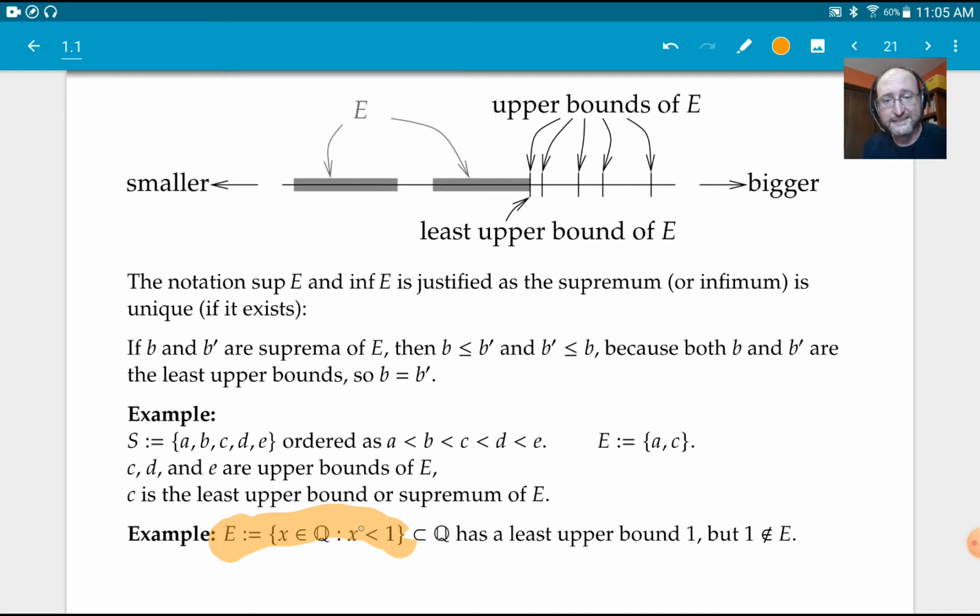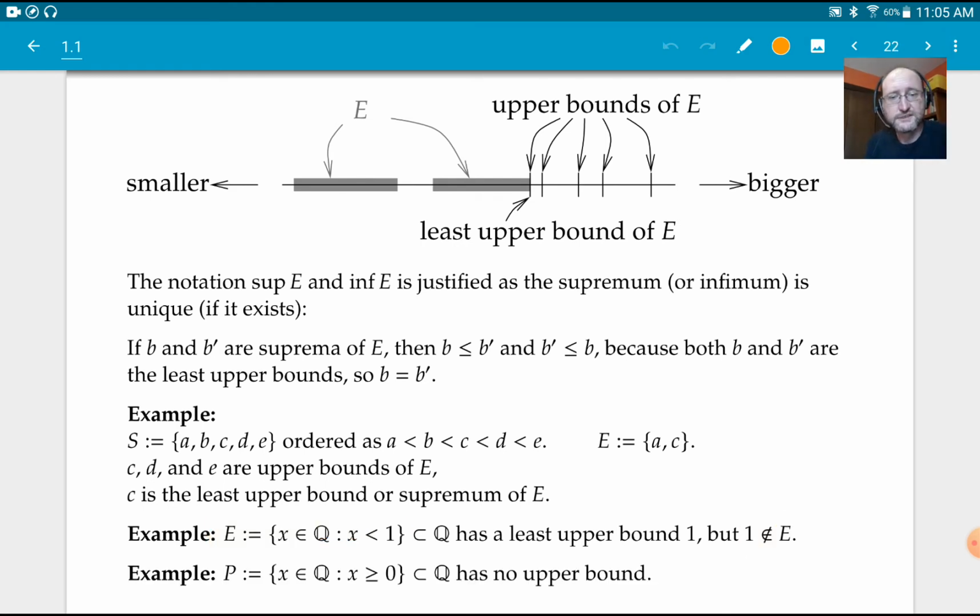It's almost by definition, and you can easily see that it has to be the least upper bound, but it's not in E, so it doesn't have to be in E. Or you might not have any upper bound at all. For example, the set of the positive rational numbers has no upper bound. It has a lower bound, 0, but no upper bound.